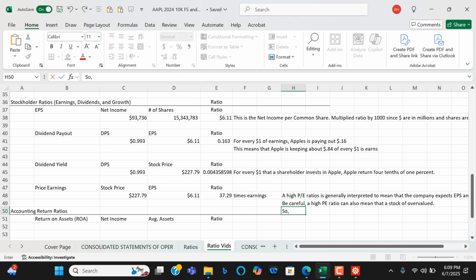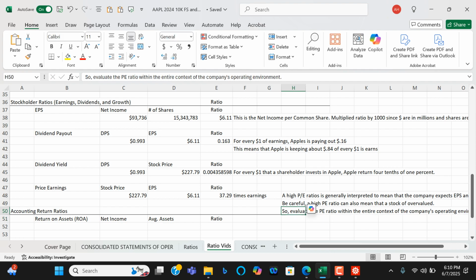So I'm going to say here: evaluate the P/E ratio within the entire context of the company's operating life.